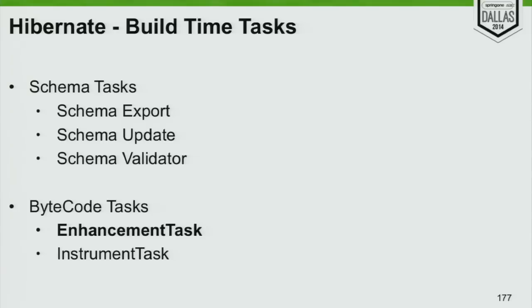How many people have used the enhancement task? No one. You can also set up a Java agent to do the same thing at runtime, but I think most people prefer the enhancement task over the runtime one, because then you have this runtime fee of instrumenting everything, versus this does it at build time, so you don't have to worry about it when you start up your application.